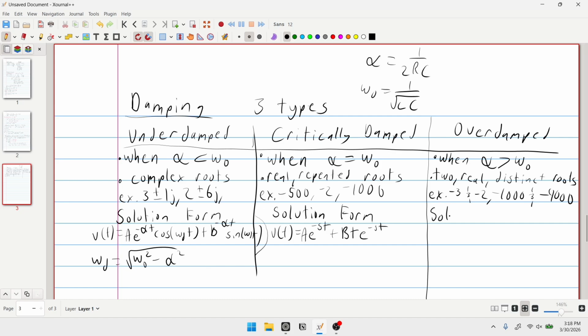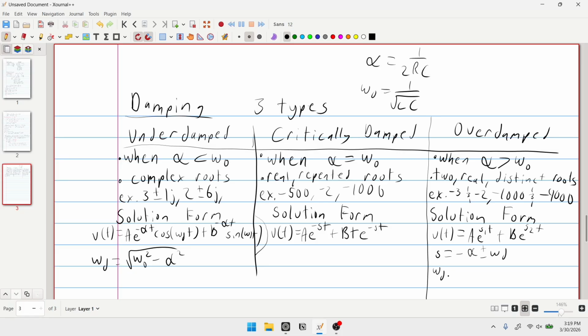So this should take the solution form, like our first case, simply v of t equals A e to the s1 t plus B e to the s2 t, where s is equal to negative alpha plus or minus omega_d.